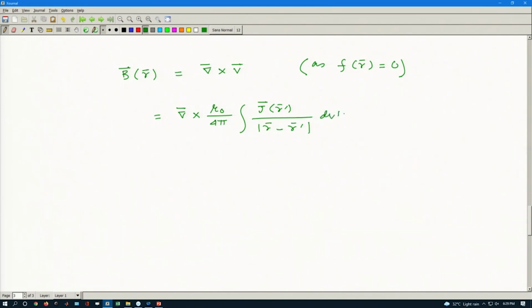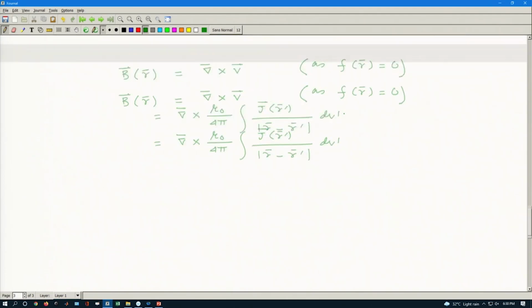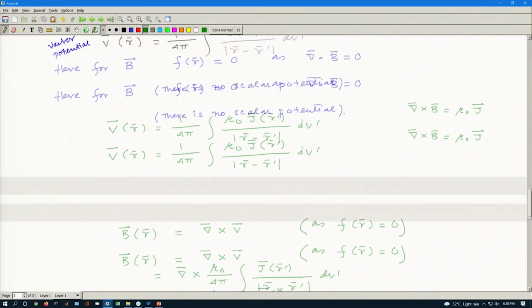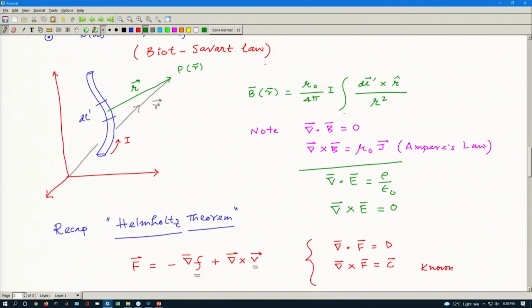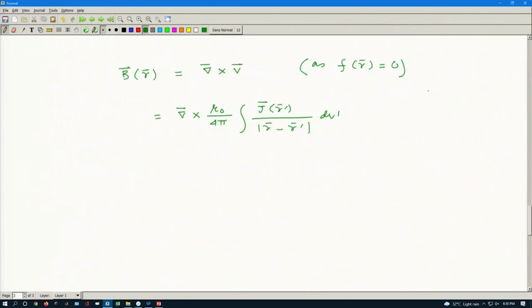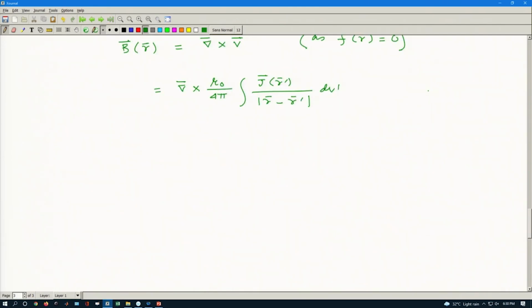So, I can have this value, and now I can exploit more to find out whether this expression leads to our old Biot-Savart law or not. Eventually we will find that it leads to the expression like this, because now I am in a position to find out my B.